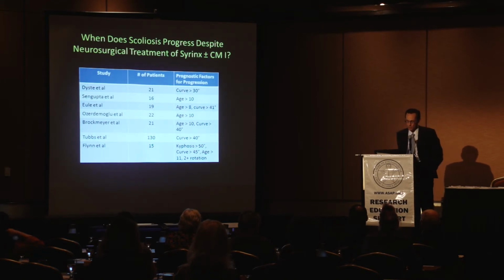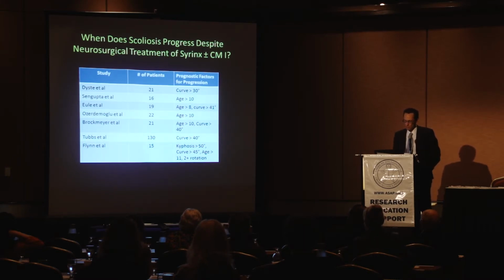They've been relatively small patient populations, and there is some consensus that I think we can draw from these studies. In general, curves that are larger than about 40 degrees, in patients older than 10 years old, have a high likelihood to progress despite their decompression.